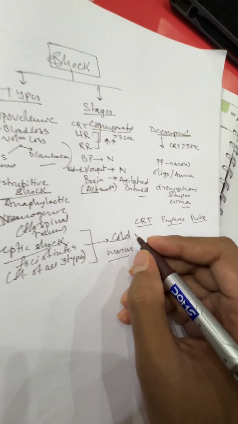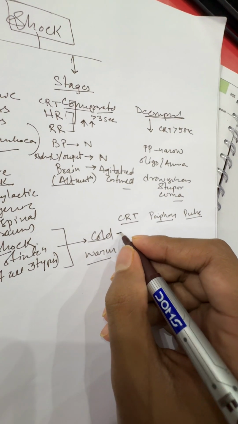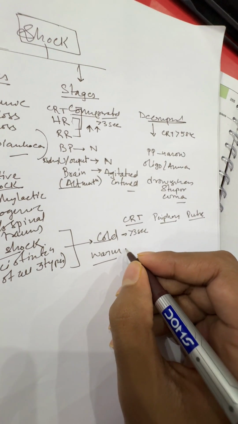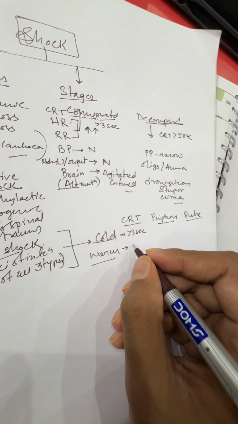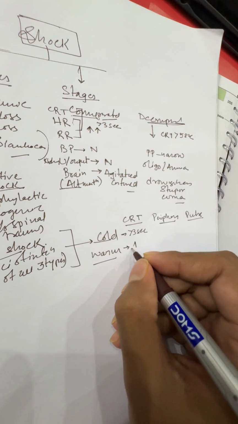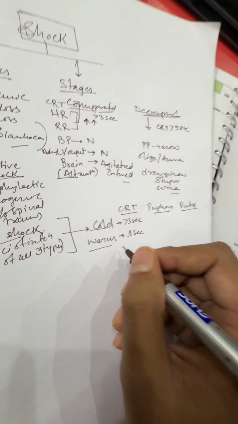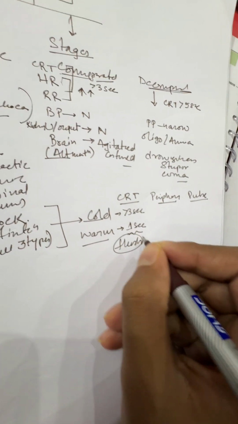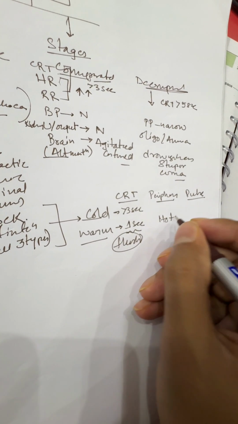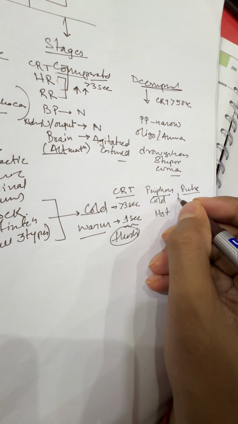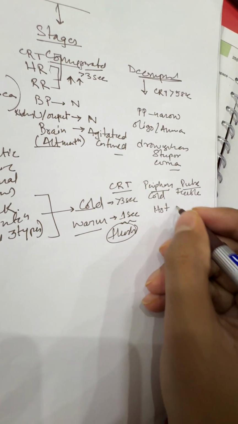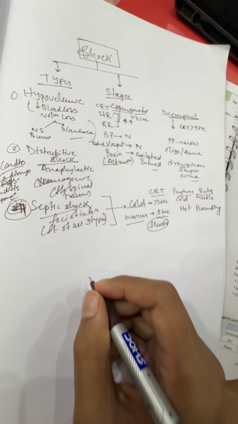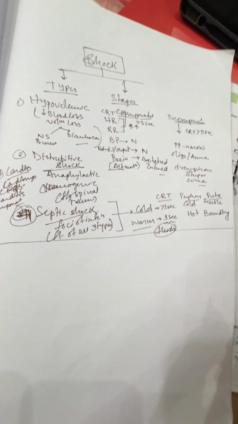Capillary refill time in cold shock will be delayed, more than 3 seconds, and in warm shock it will be very fast, about 1 second. The normal is less than 3 seconds, but it will be 1 second, very flushed. The peripheries will be hot in warm shock and cold in cold shock. In cold shock the pulse will be feeble, and in warm shock it will be a bounding pulse. This is as far as the shock goes.